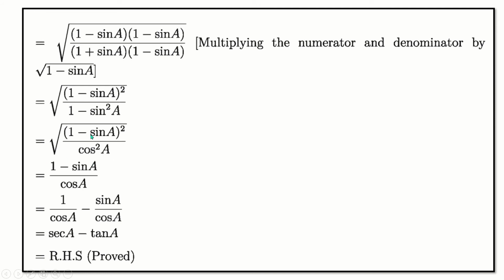As a result, this equals 1 minus sin a divided by cos a, which is 1 divided by cos a minus sin a divided by cos a. 1 divided by cos a is sec a, and sin a divided by cos a is tan a. This equals the right hand side, so the proof is complete.